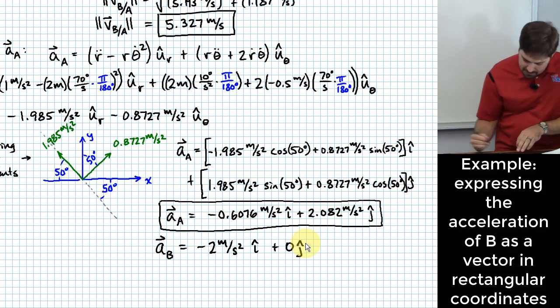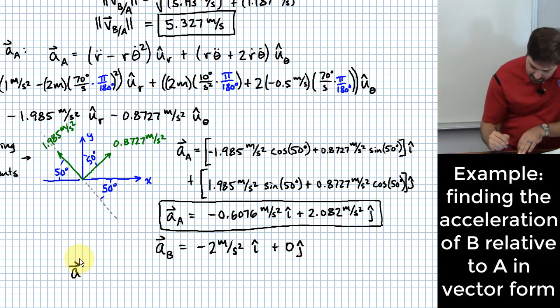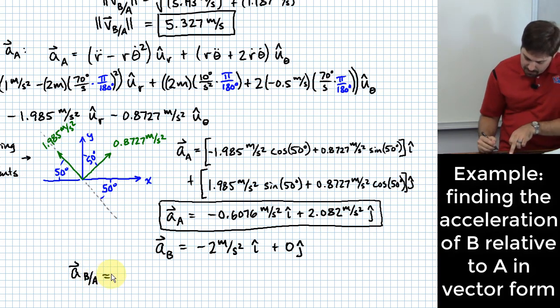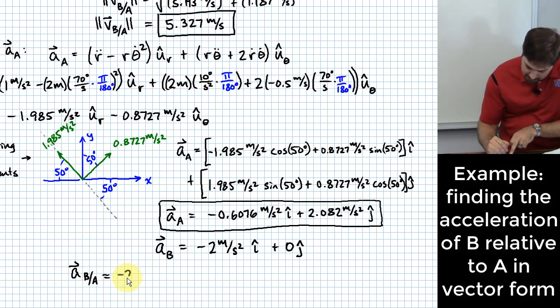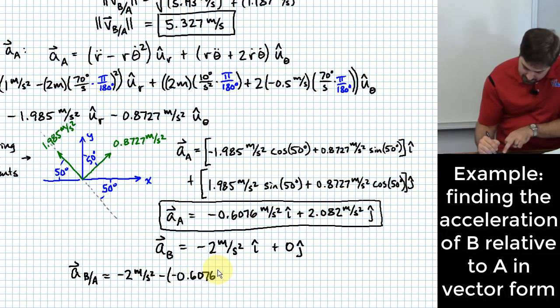Okay, and that means that the acceleration of B relative to A is going to be equal to minus 2 meter per second squared minus a minus 0.6076 meter per second squared. And all of that is the I component.